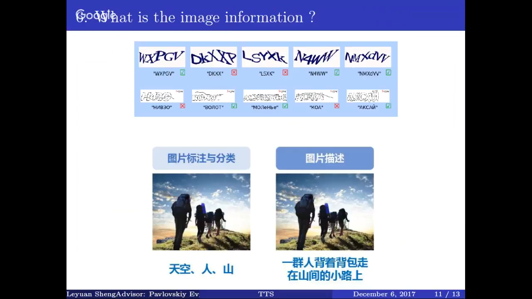But a computer may not get this. This is image information, and we can use the image to generate some caption. For example, like this. This means this is a group of people working in the mountains.